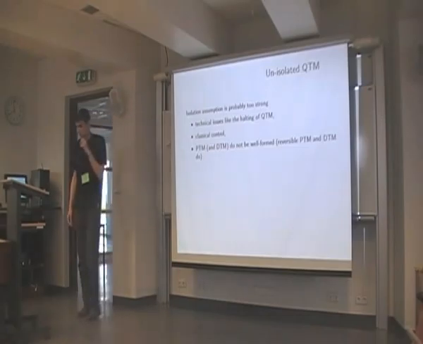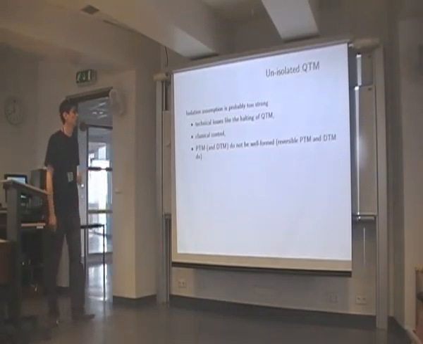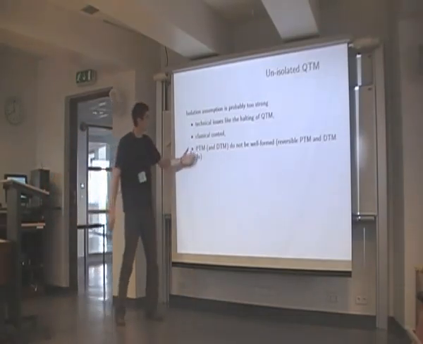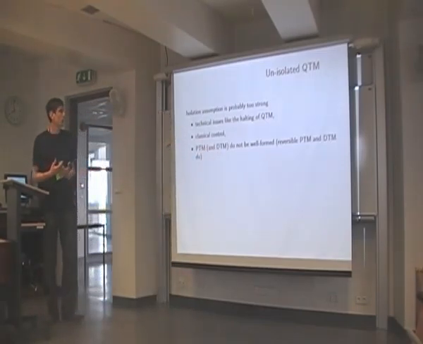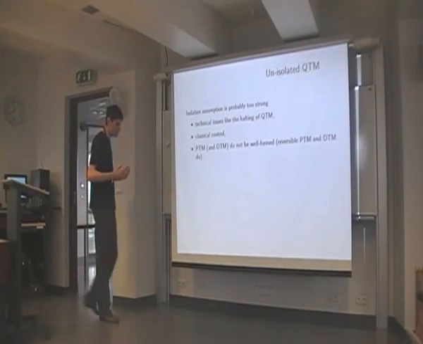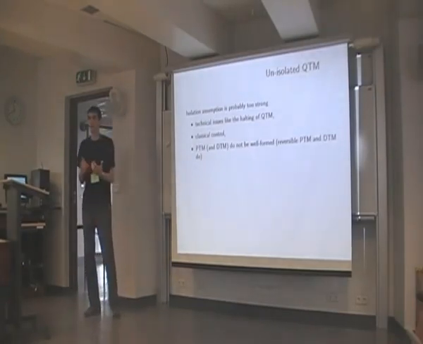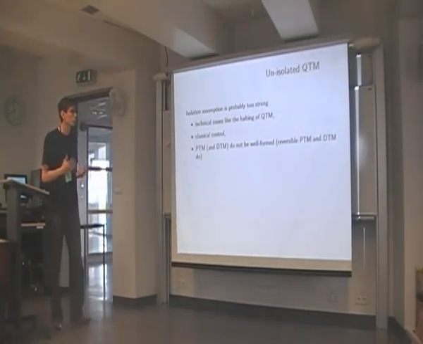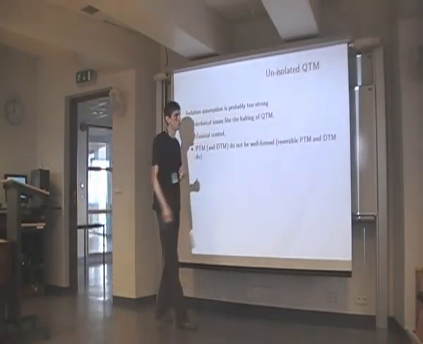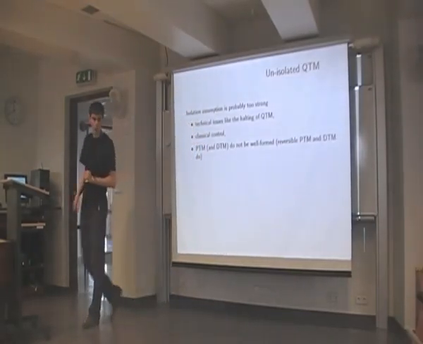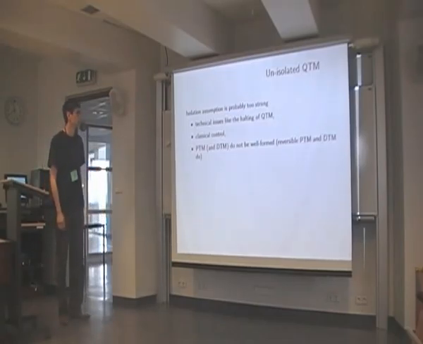And moreover, if we look at the other models of Turing machines, the probabilistic Turing machine or the deterministic Turing machine, in general, they don't have to be isolated or reversible. This condition is not a usual condition, except maybe for the reversible Turing machine, but this is a very special model of Turing machine.